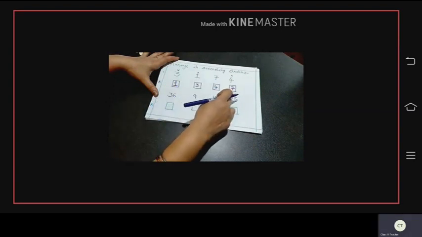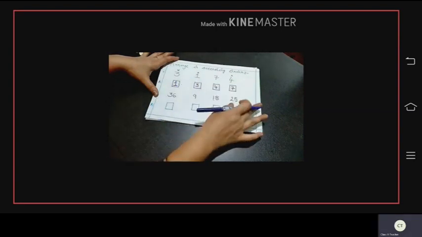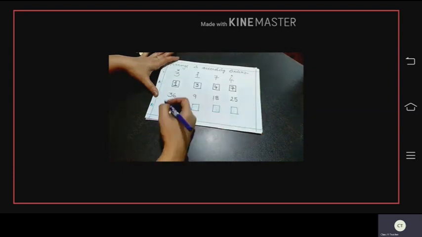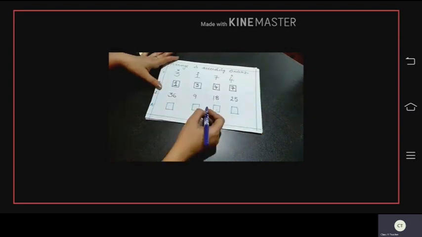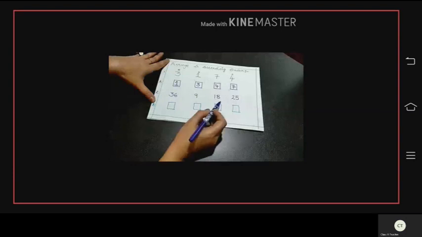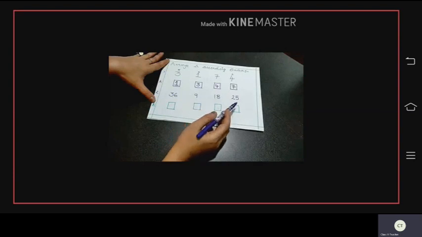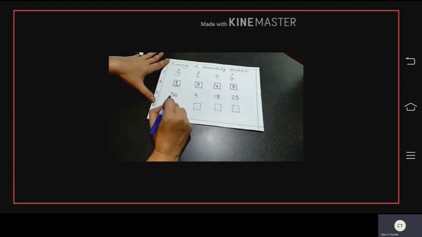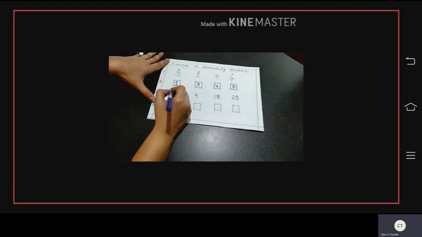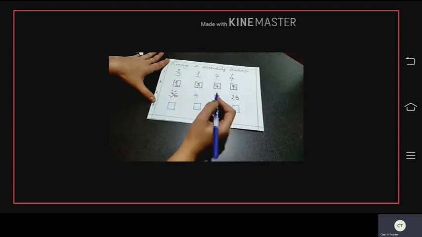Children, these are 1-digit numbers, easy to do. Let's move to question number 2. Whenever you get 2-digit numbers, you have to check first whether all the numbers are having the same number of digits or not. This number is a 2-digit number, okay? Tens, ones.